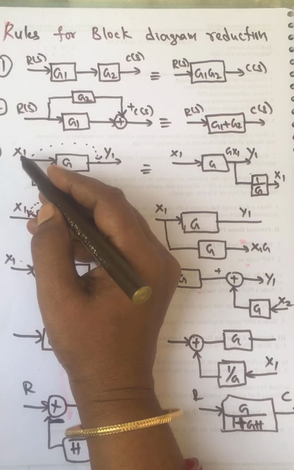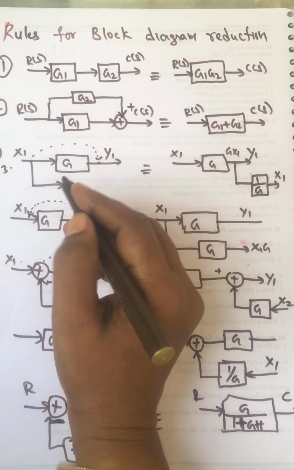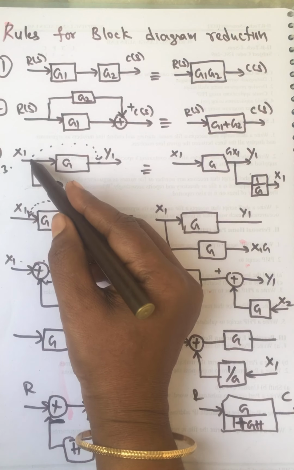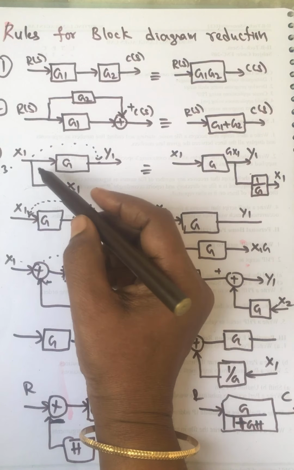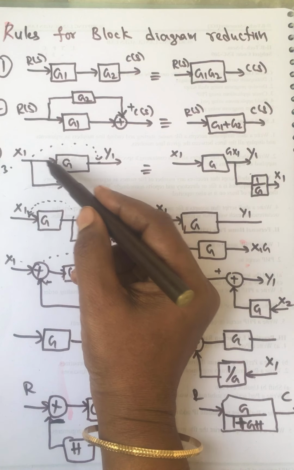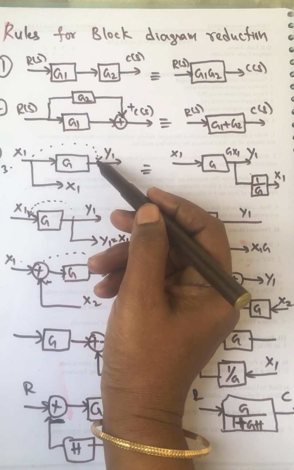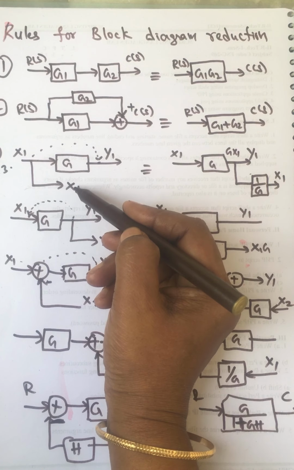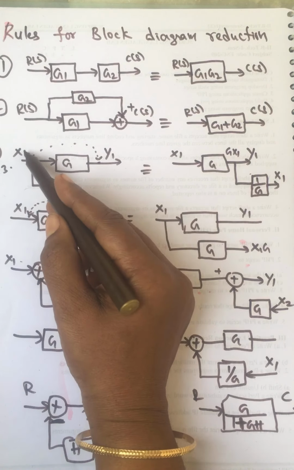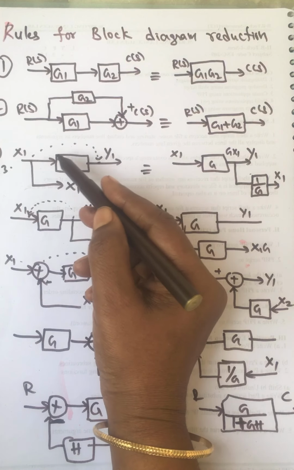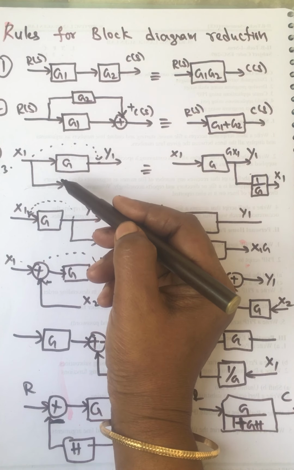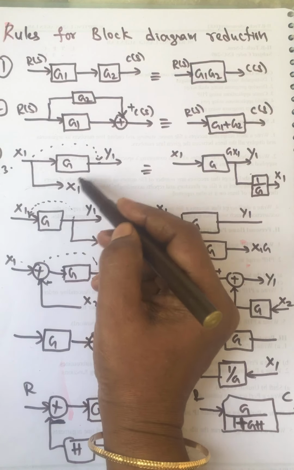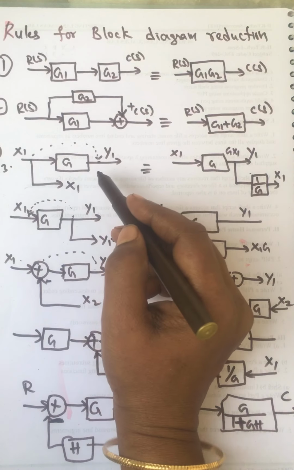Now the third rule is that here we have what is called a takeoff point. We need to shift the takeoff point from before the block to after the block. Here the value at the takeoff point is x1, so the same x1 is taken off. When you make the changes, you have to see that whatever signals we get here should have the same value.